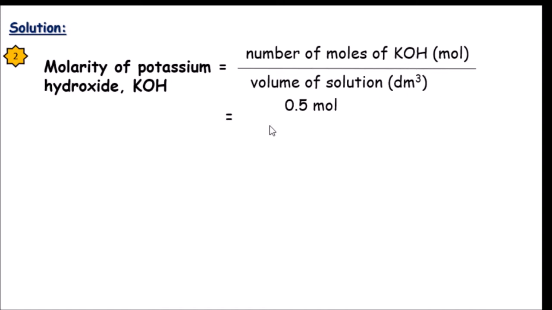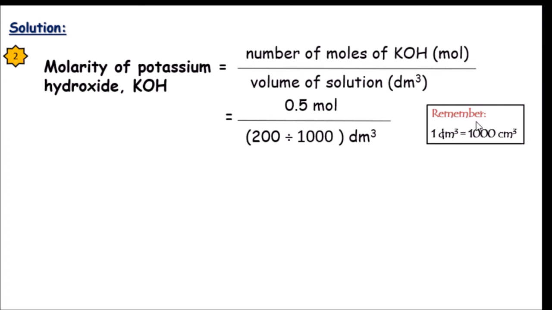So, number of mole is 0.5 mole divided by, you are given the volume is 200 cm³. So, you need to divide by 1000 to convert it into dm³. 200 cm³ divided by 1000 will change into the unit of dm³.